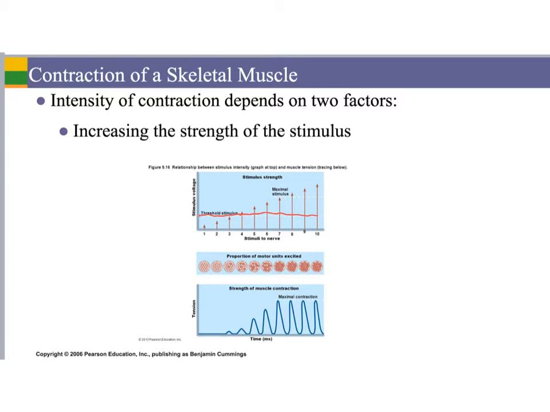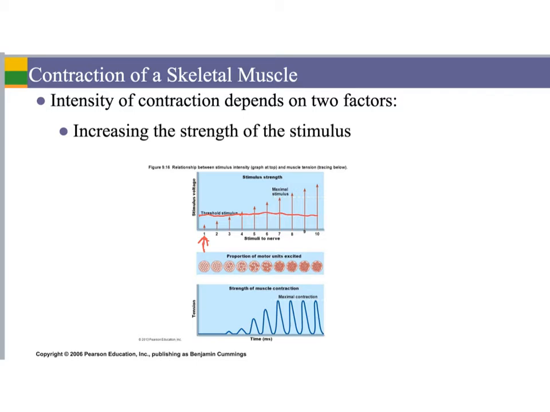So you can see down here how this corresponds to the amount of motor units that are excited. So for a very light stimulus, there's only maybe one motor unit stimulated.